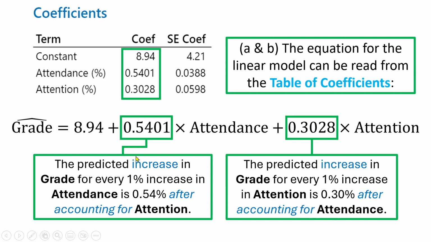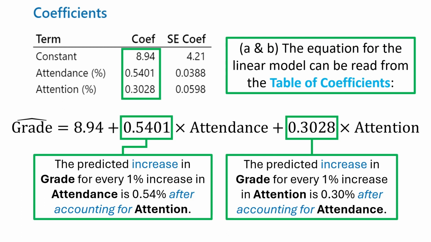So it's very important when you interpret the modeled slopes, these coefficients, in the multiple regression scenario, you have to say things like this. You have to say this interpretation is what it is after accounting for the other predictor variables in your model. You have to include that. If there's only one predictor in the model, of course, you don't need to do that.